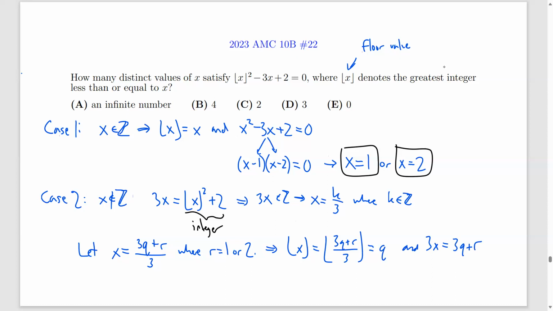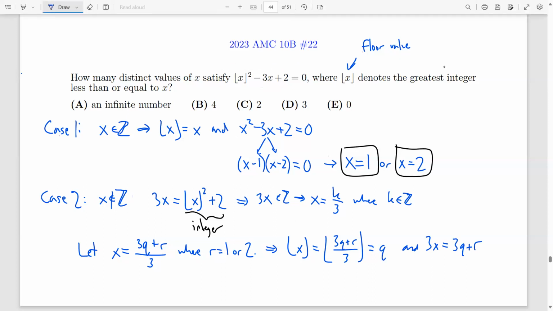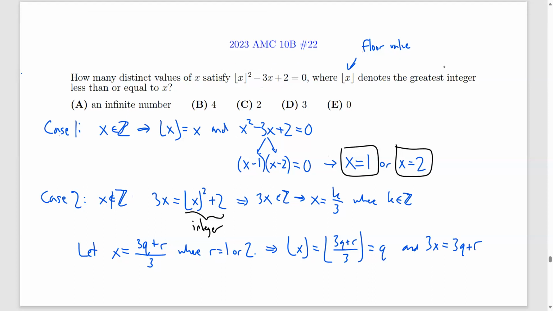So if we substitute all of this into our given equation, we see that q squared minus, in parentheses, 3q plus r, plus 2 is equal to 0. Now we know that r is 1 or 2, so we can solve this quadratic by substituting r equal to 1 or r equal to 2, and then find integers q that satisfy this quadratic.